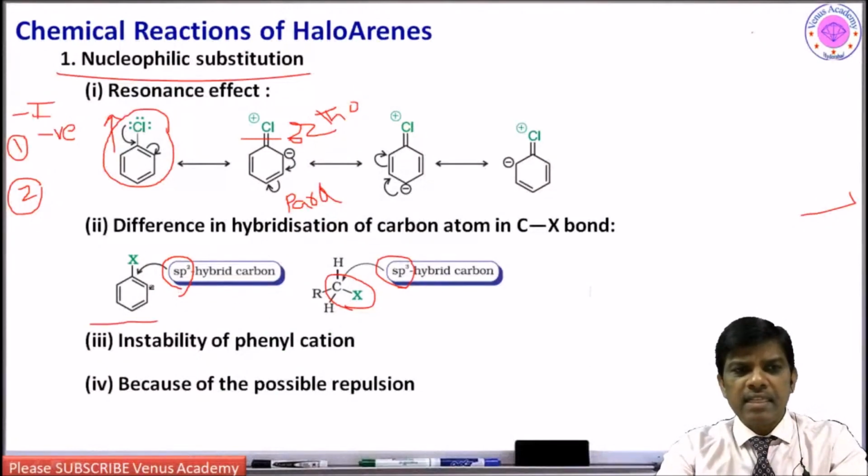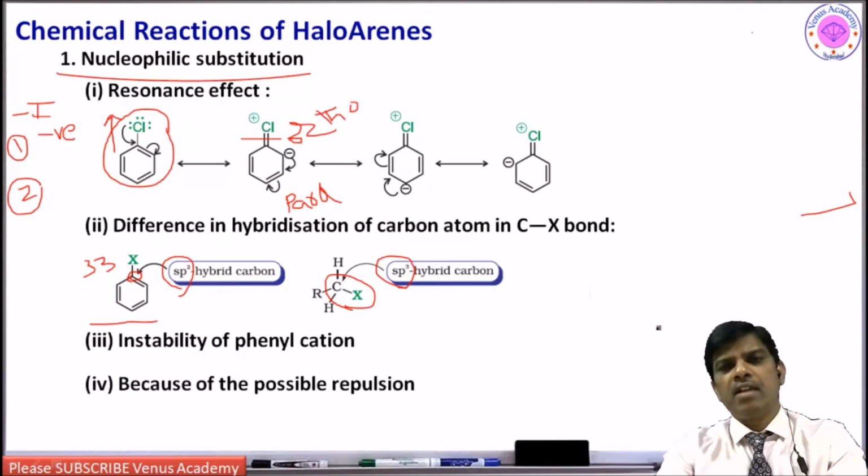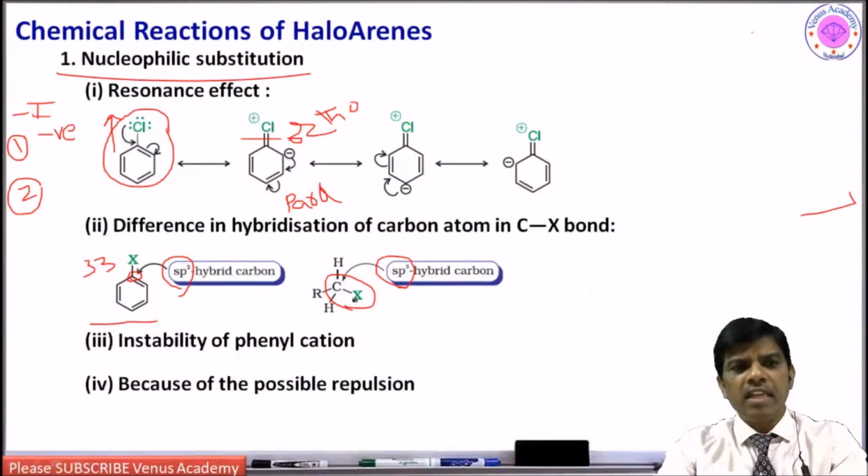In haloarenes the carbon is sp2 hybridized, so the s character is about 33%. Because of this, the electronegative character is more when compared to sp3 hybridized carbon. So it is not easy to break this bond, which has double bond type of character.